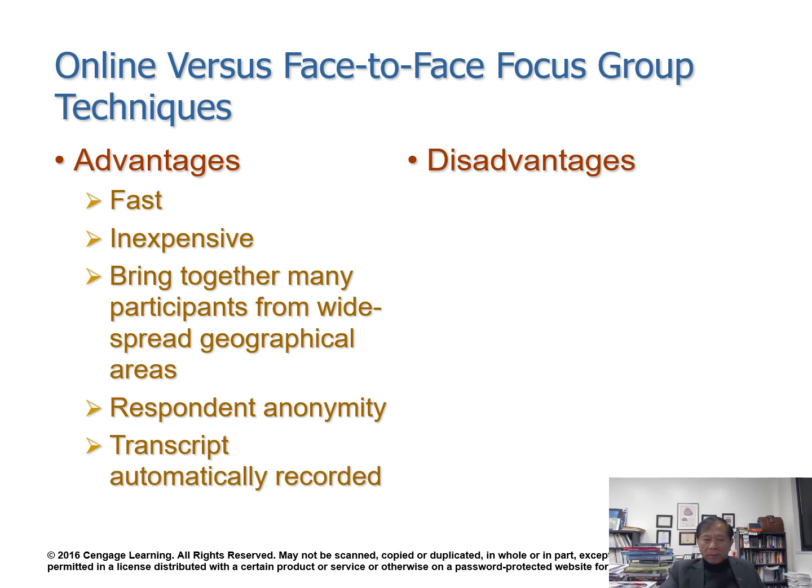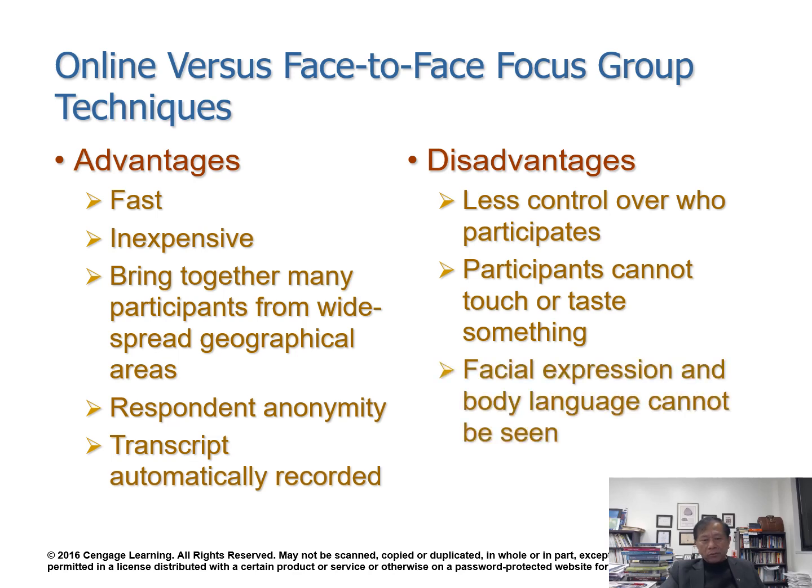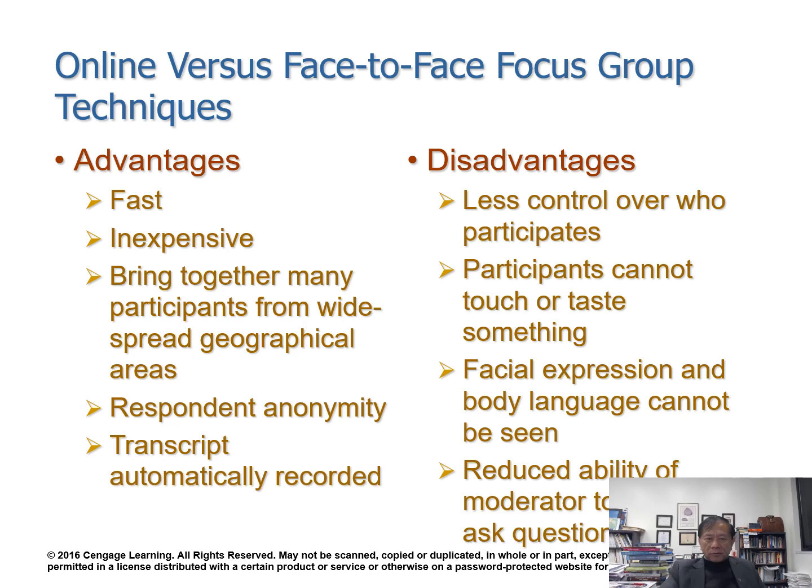But there are disadvantages of online focus groups. There's less control over who participates. The participants cannot touch or taste something if you need them to. And facial expressions and body language cannot be easily seen. With a face-to-face focus group, you can easily see their facial expressions and body language.